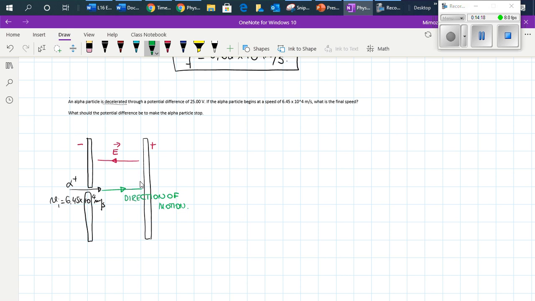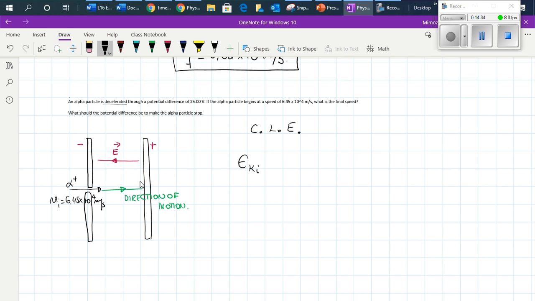So since those are collinear between each other, we will use the conservation law of energy. It starts with the initial kinetic energy of the alpha particle.